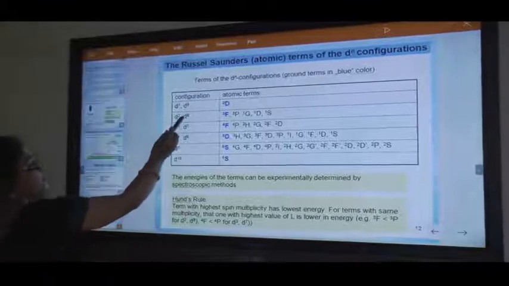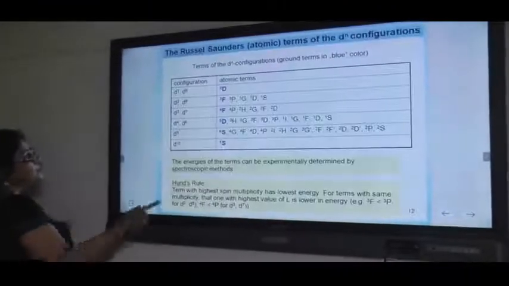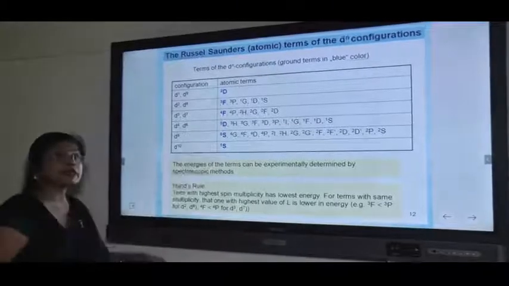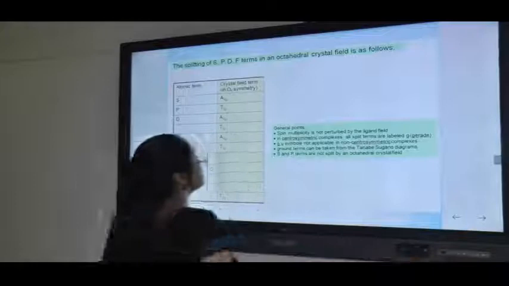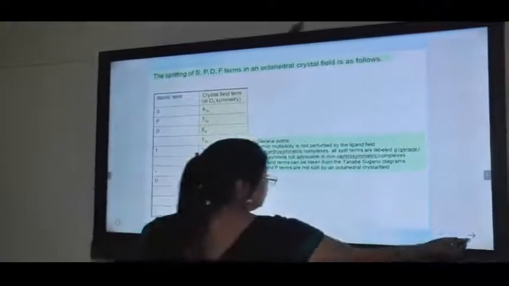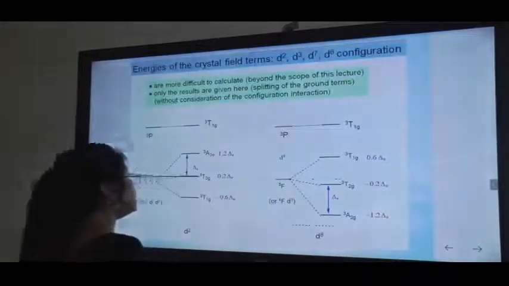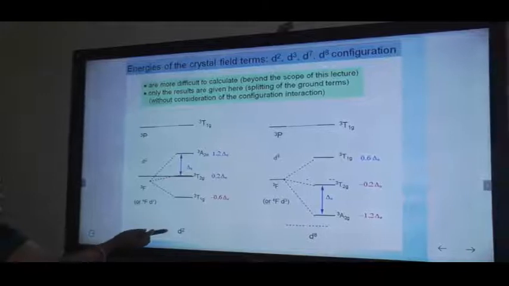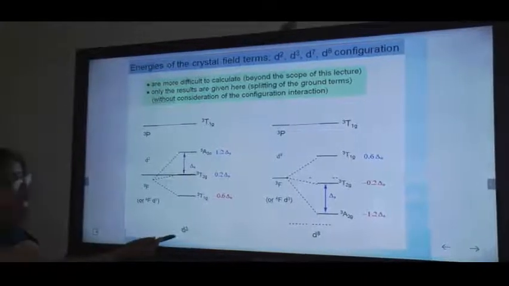So, d2 and d8 both have the same terms and the same ground state term, but when it comes to the Orgel diagram, they are simply reversed. This is the Orgel diagram for d2 configuration.